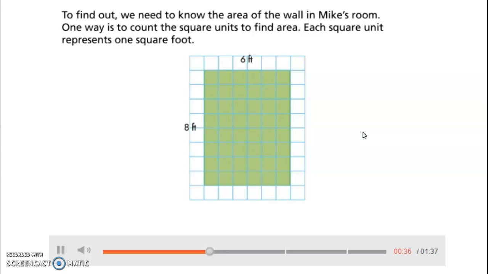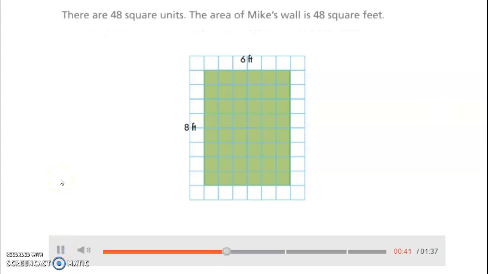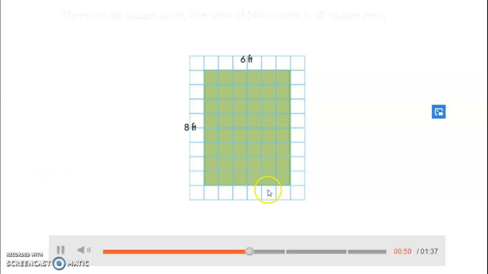One way is to count the square units, and we've been practicing this in past parts. So we could count up 40 to see how much that would cover. There are a total of 48 square units. If we counted every one, there will be 48.